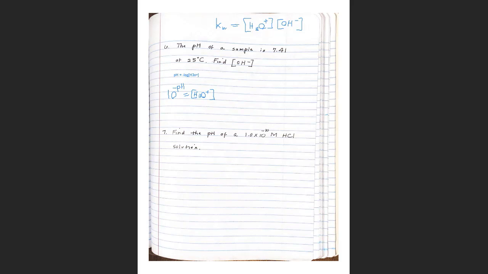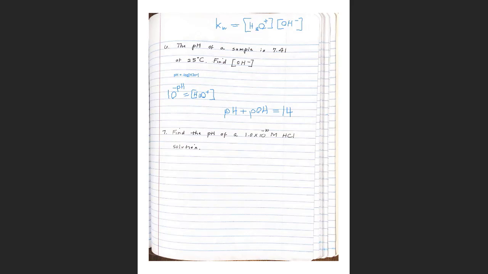Another way to solve this is to solve for pOH, then find the hydroxide ion concentration right then and there, using the formula pOH equals negative log of the hydroxide concentration. Honestly, that would have been my preferred way to do it.